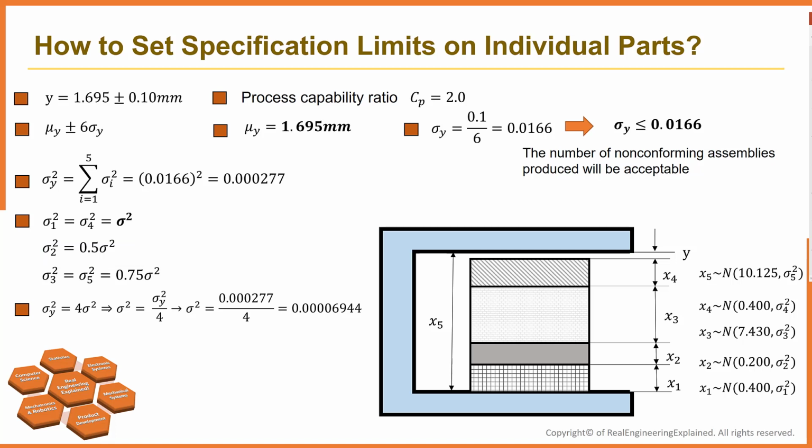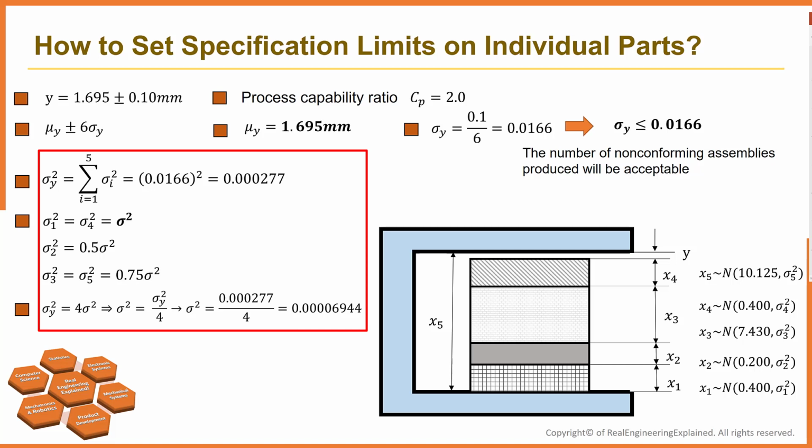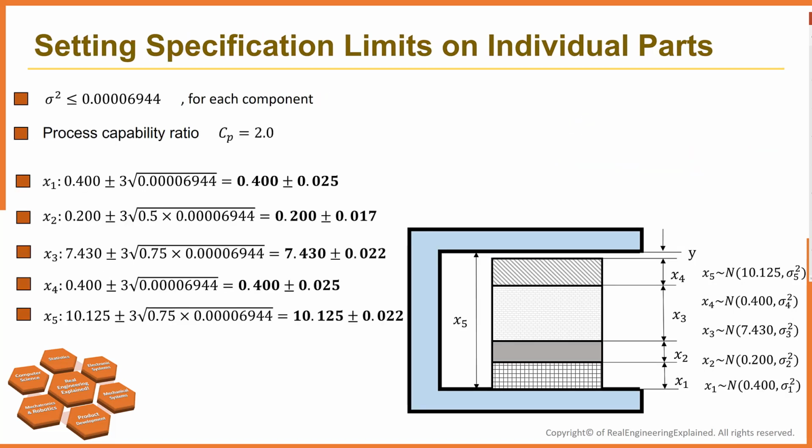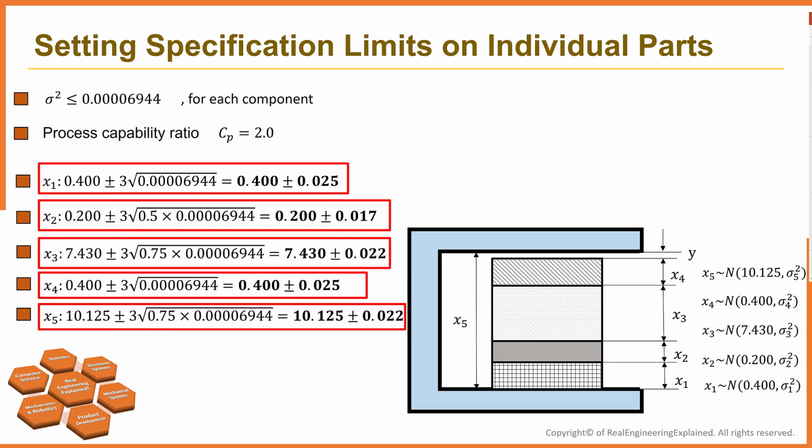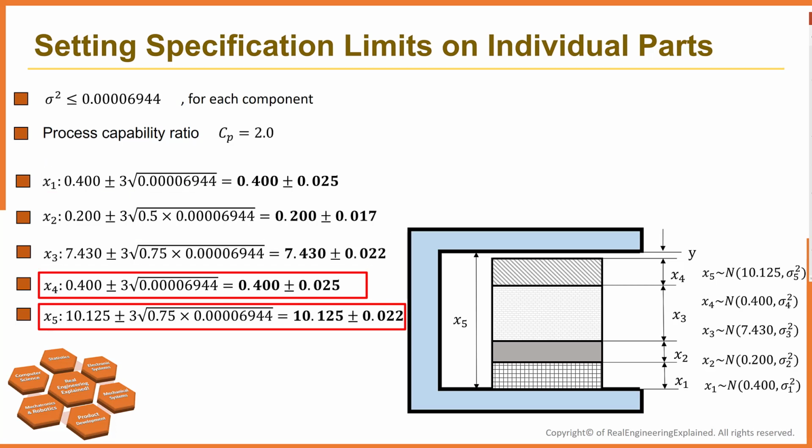And the variance for sigma 4 and 5 is 75% of the variance of parts 1 and 3. So from these equations, we can easily find the sigma value, and then we can find sigma 1, sigma 2 till sigma 5. So here, this sigma value can be translated into specification limits on the individual components. So this is a Six Sigma product design.